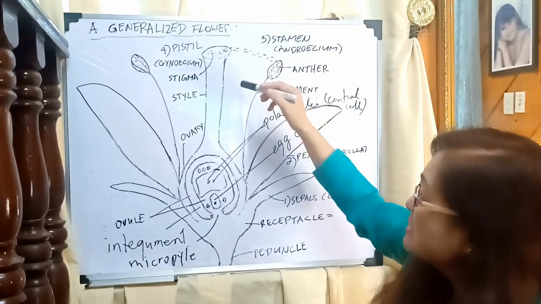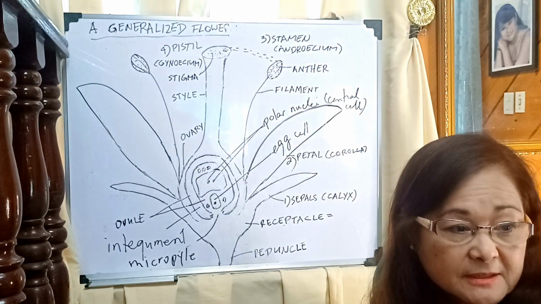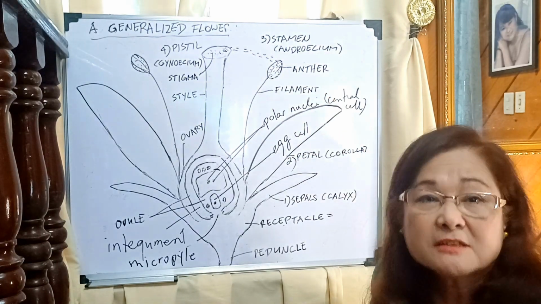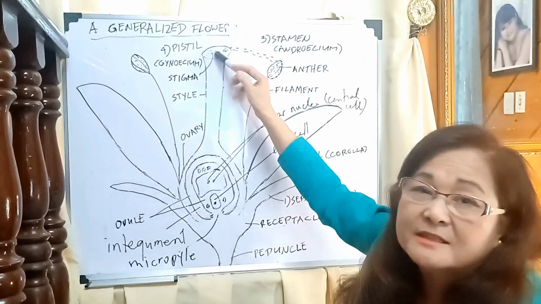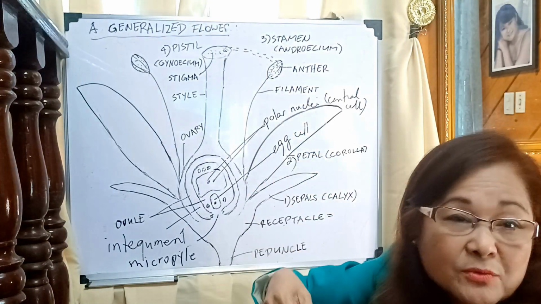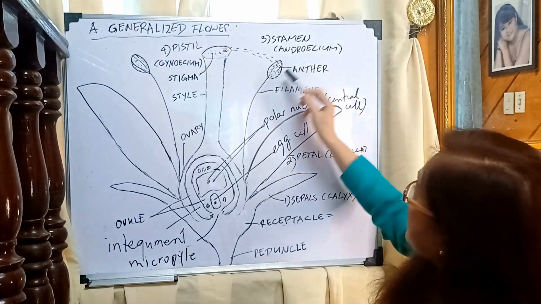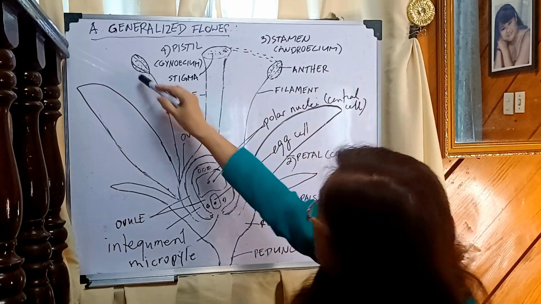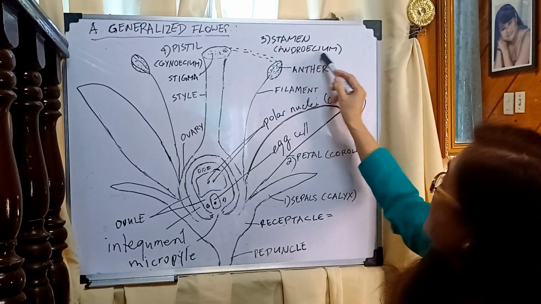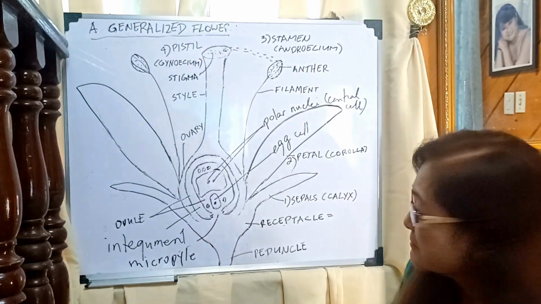And when the pollinators transfer to other flowers, the pollen grains that are stuck on the body of the pollinators will be transferred to the stigma of the flower that they are next visiting. Together, the stamens constitute the androecium, which is the male organ of the flower.